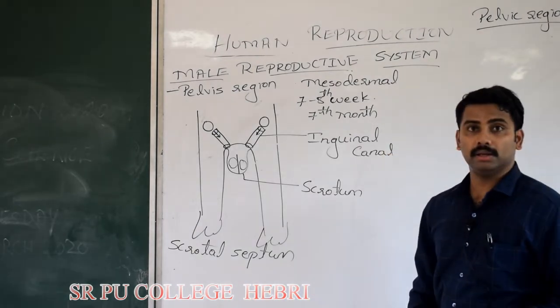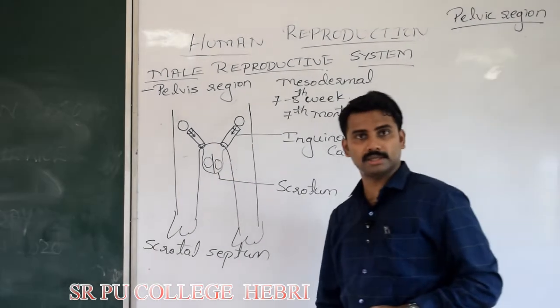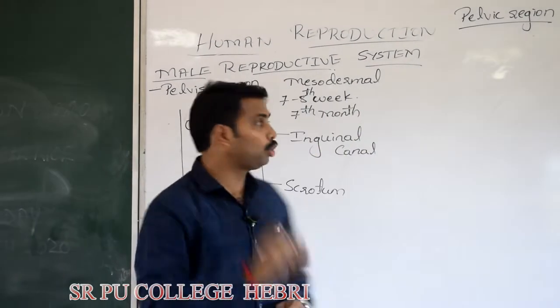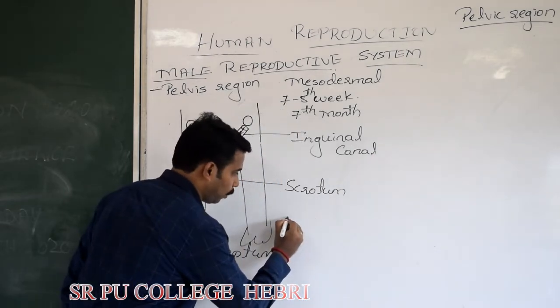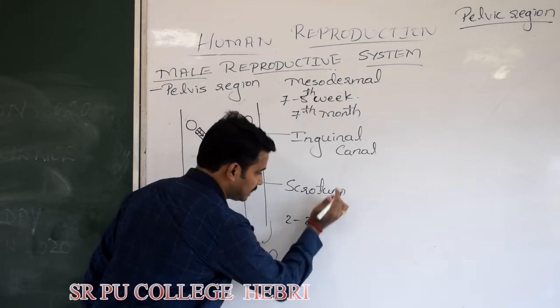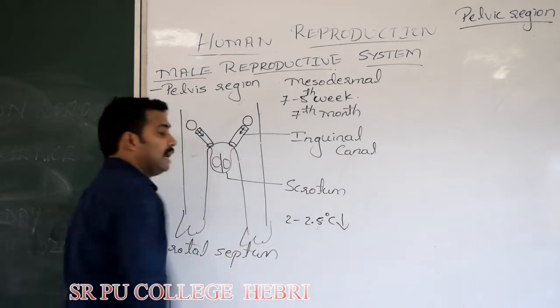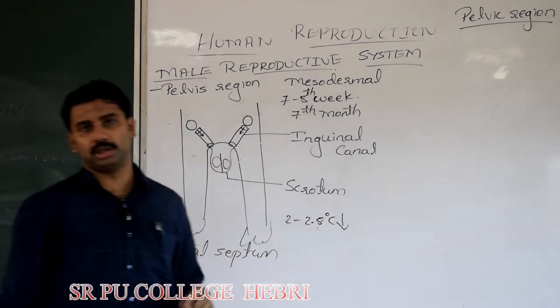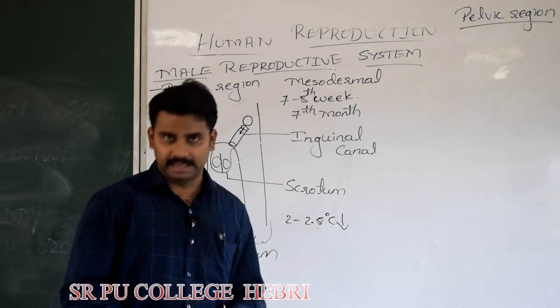The answer is that the production of sperm inside the testis requires 2 to 2.5 degrees Celsius less than the body temperature. What is your body temperature? 37 degrees Celsius.